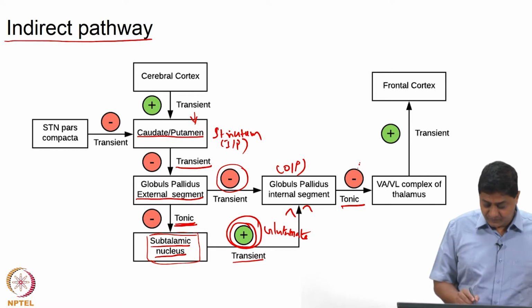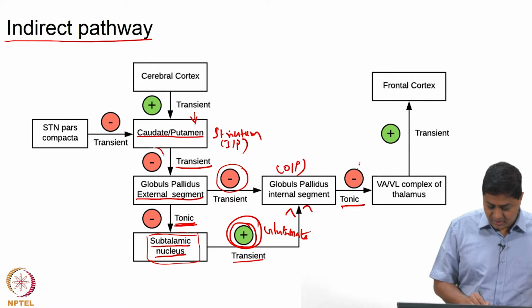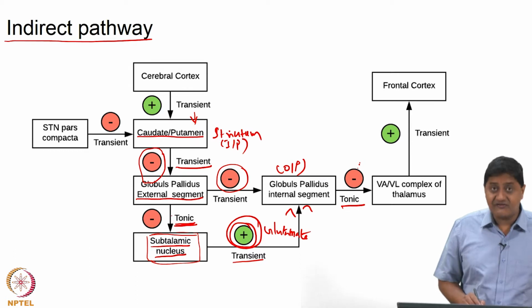Essentially that causes an inhibition of the globus pallidus external, and that means the level of inhibition provided by the globus pallidus external segment to the subthalamic nucleus here reduces.